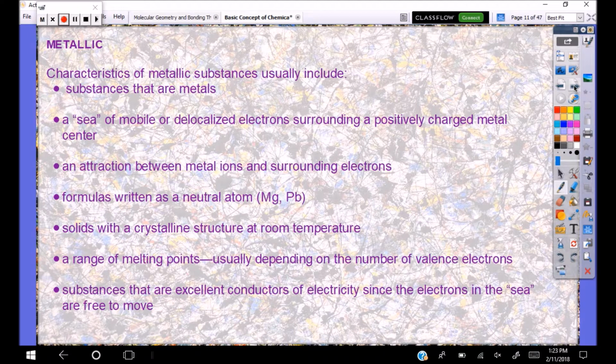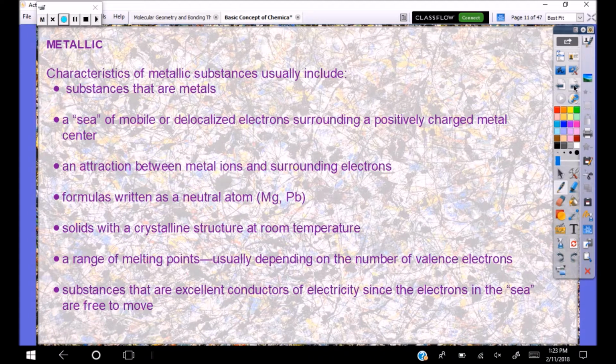So metallic, this is one we won't spend a lot of time on, but it's good to know. Metallic substances, obviously looking at the root, are metals. If you take a chunk of copper, you can hold it in your hand. We know copper is a good conductor, but we don't really know how those atoms are stuck together.